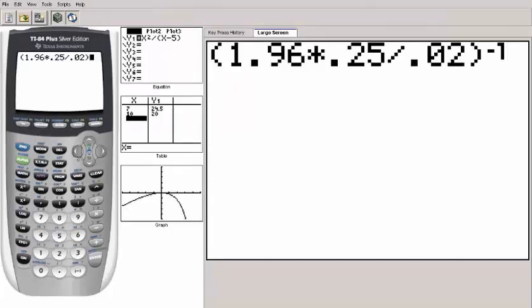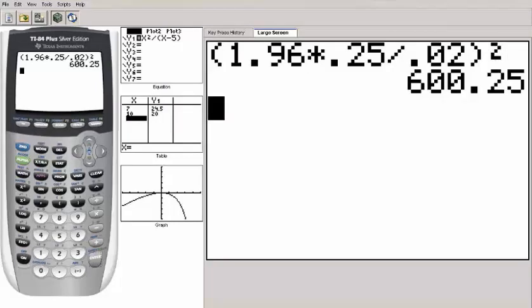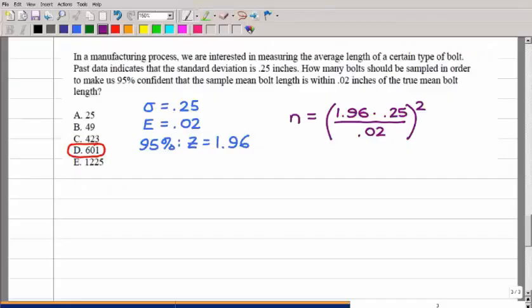Oh, hit the wrong button. Squared. There we go. Well, 600.25. I like that answer because I'm going to round that up and I'm going to call it 601, which is answer D on here. Perfect.